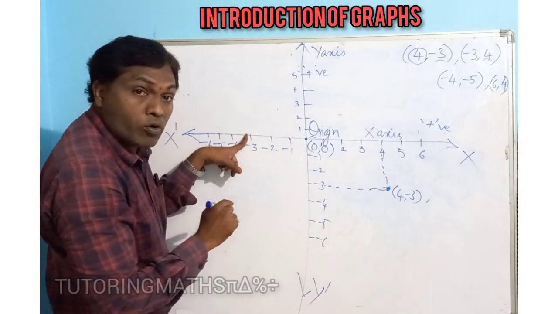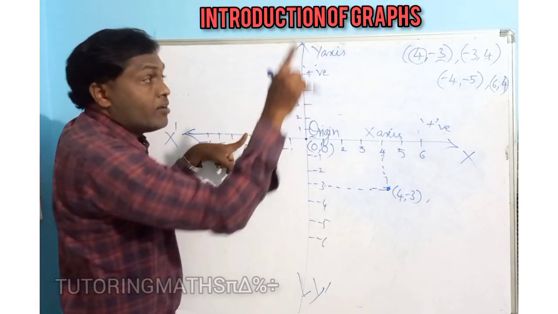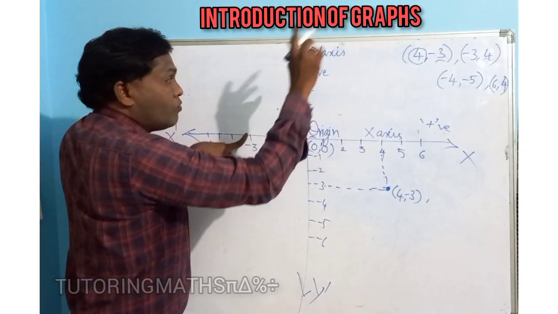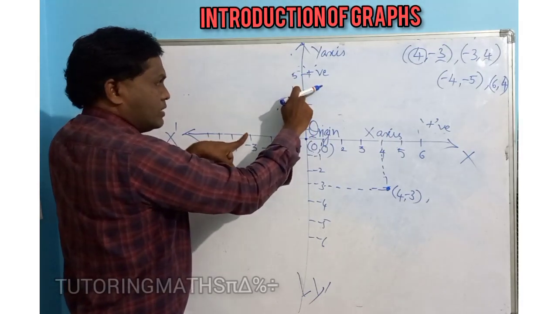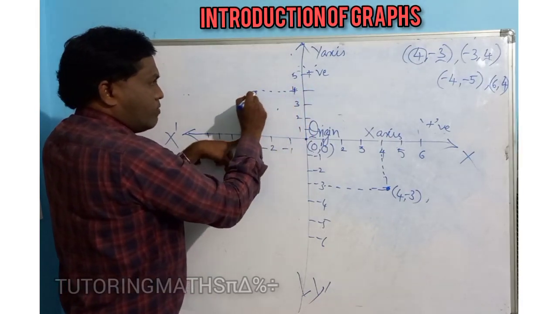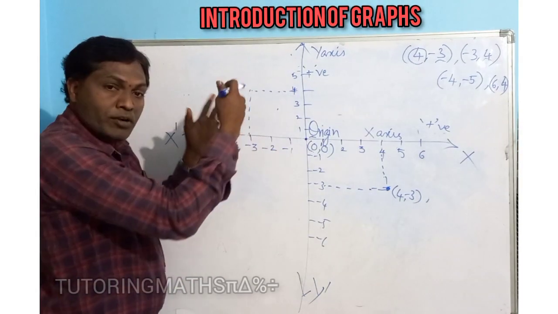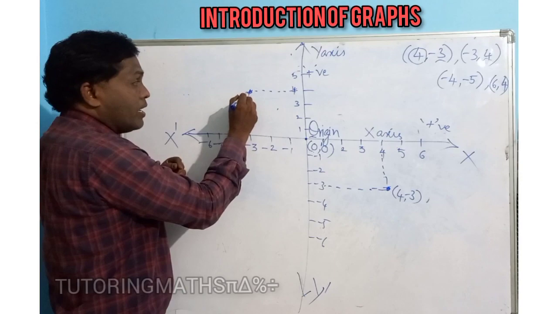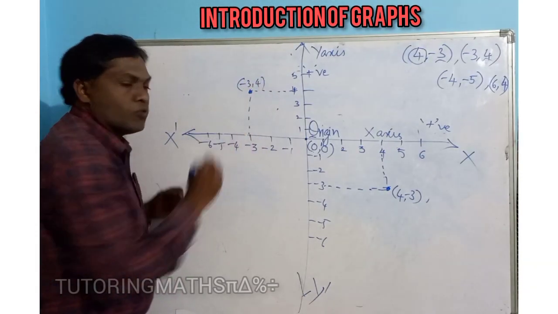Where do you get 4? That is a positive y value. Check whether it is positive or negative. It is positive, so this is 4. From here one perpendicular and from here one perpendicular. Both perpendicular lines meet at this point, and this point is minus 3 comma 4.